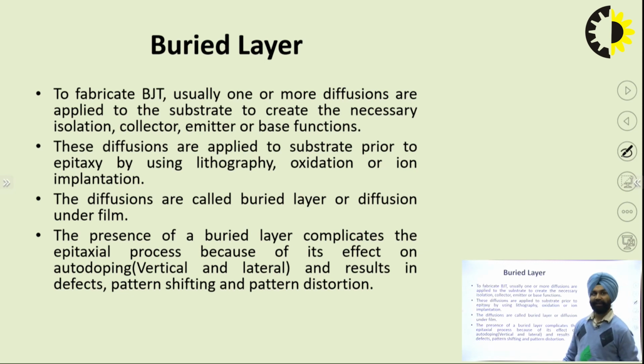When we fabricate a well-shaped BJT, one or more diffusions are applied to the substrate so that we can create a layer of collector, emitter, and the base junctions. So to create these, we have to diffuse p and n type layers more times.